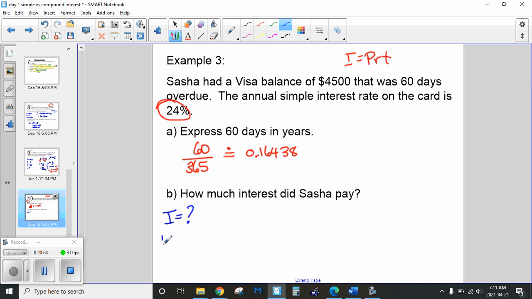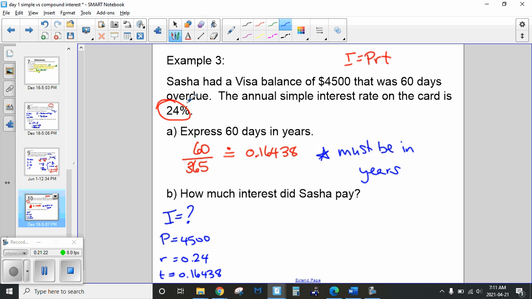That means we must know the principal, 4,500, the rate, which is 24%, 0.24, and now we know the time is 0.16438 years. Okay, so this is an important first step, must be in years, because we're given an annual interest rate that assumes you're talking about years.